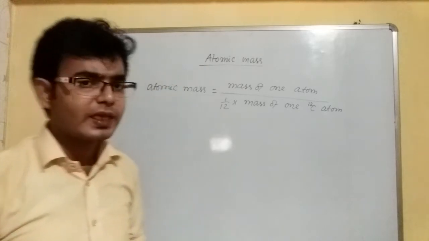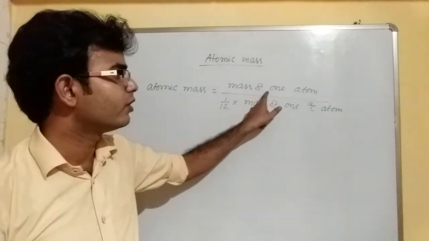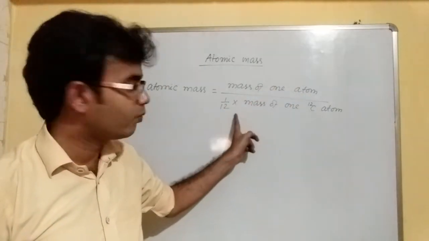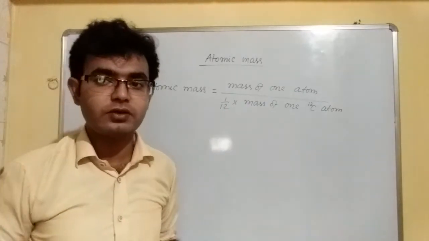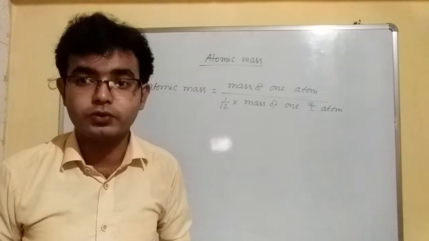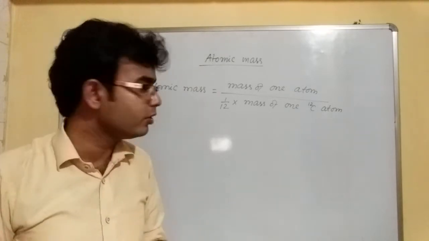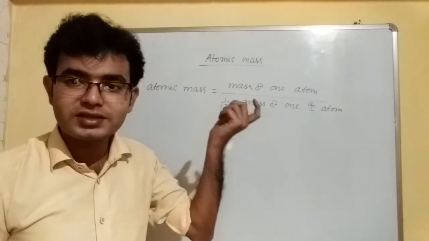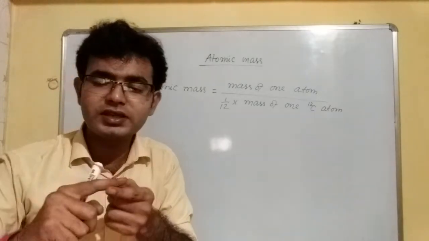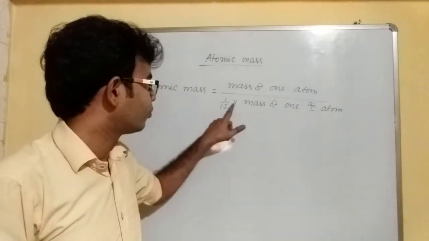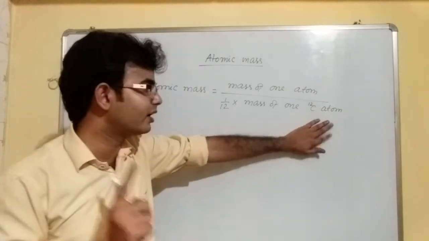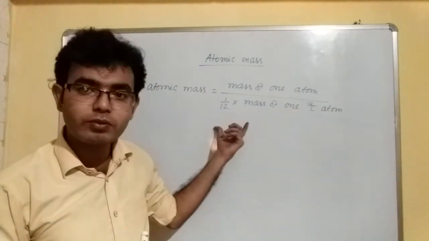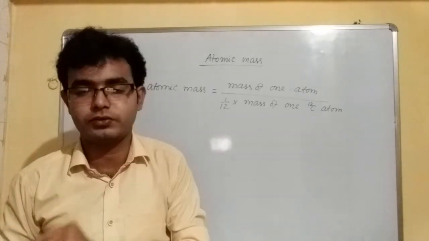So we can say that atomic mass is the ratio of mass of one atom and 1/12 of mass of one carbon atom. Suppose the question is that what do you mean by 1 AMU? AMU means 1 AMU is the mass of one atom which is just equal to the 1/12 of mass of one carbon atom. तो एक कार्बन एटम का जितना मास होगा उसका 1/12 हो जाएगा 1 AMU.